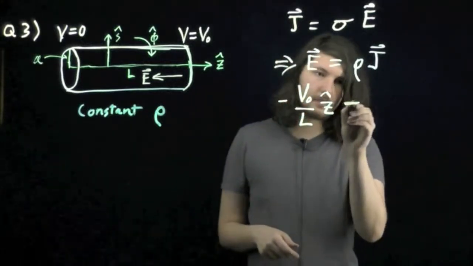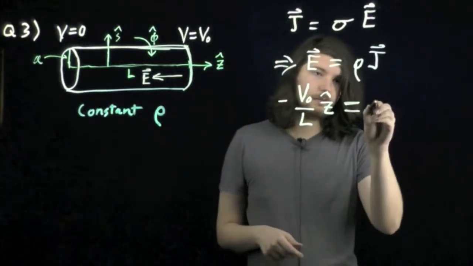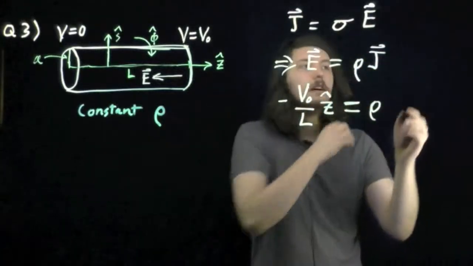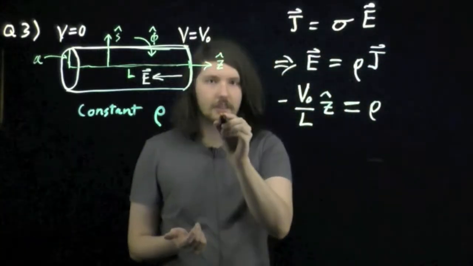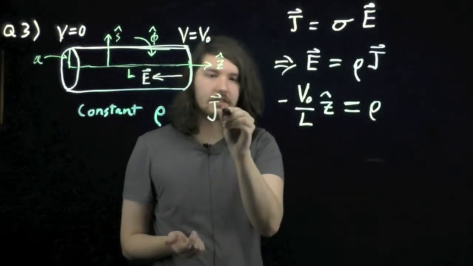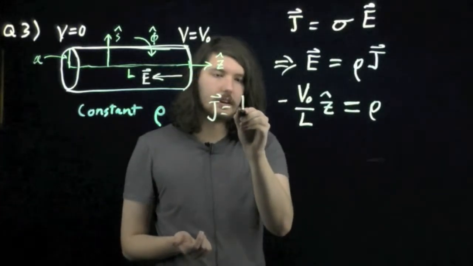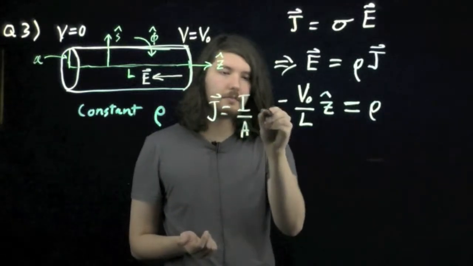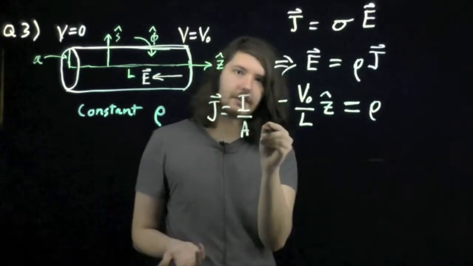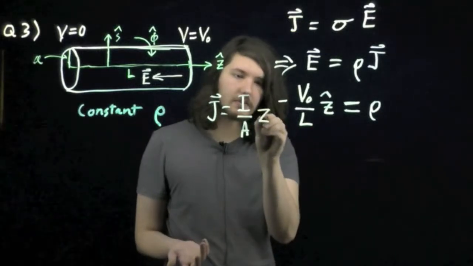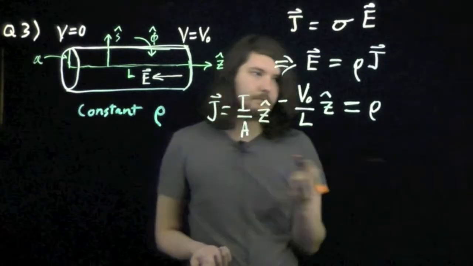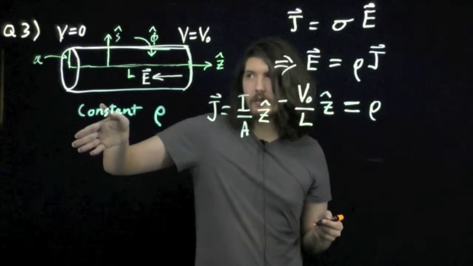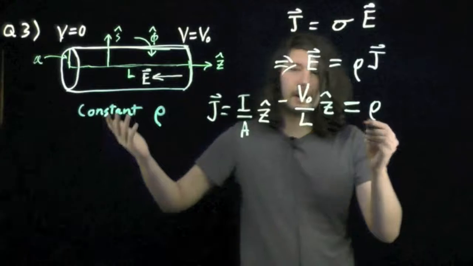On top of that, we also know what current density is. Current density is defined as I over A times some normal vector, which in this case is going to be z-hat. Now, we already know the cross-sectional area is simply pi a squared.